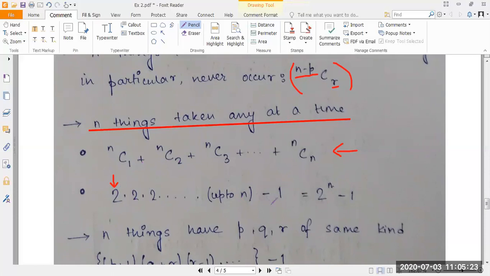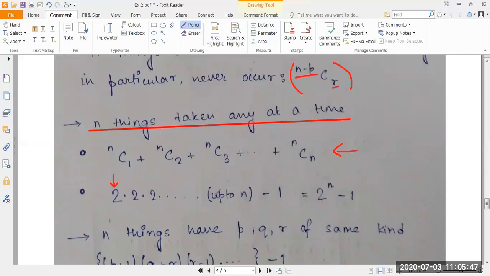Now I subtract 1, because this 2 to the power n itself includes the situation where I choose none of them. Let's say I don't choose the first item, I don't choose the second item, I don't choose the third item, and I don't choose the nth item.